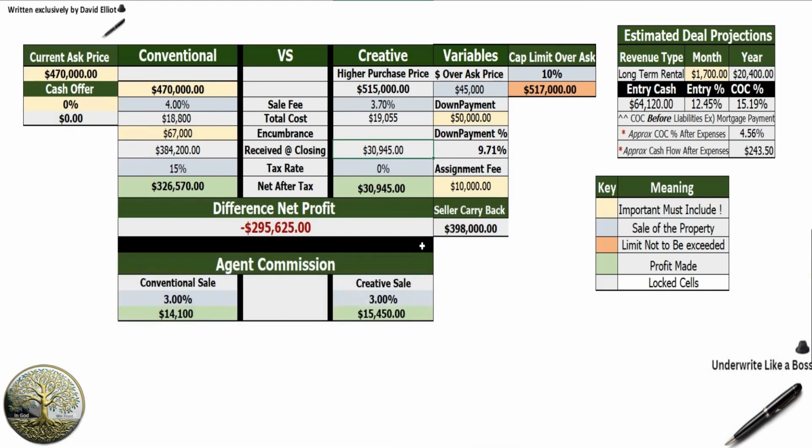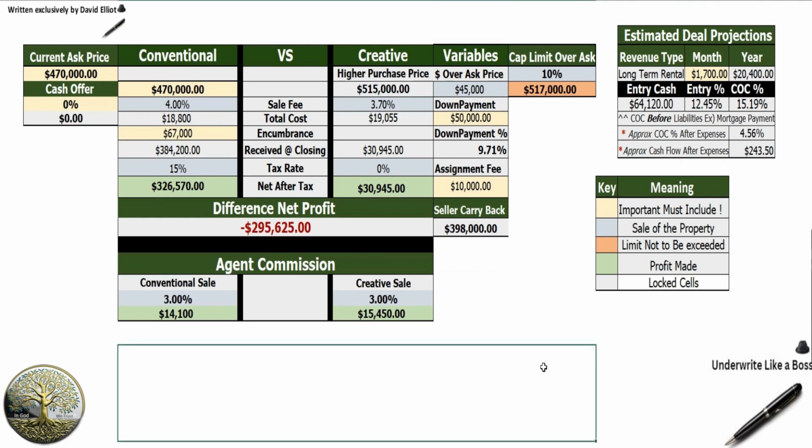You want to stick with your A properties and with your B properties. Those are going to be primarily the properties that you want to call up immediately. You don't even need to wait for days on market to climb.